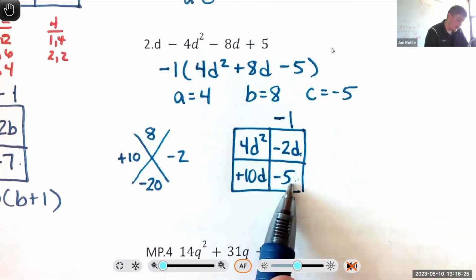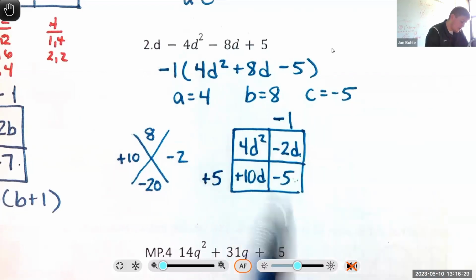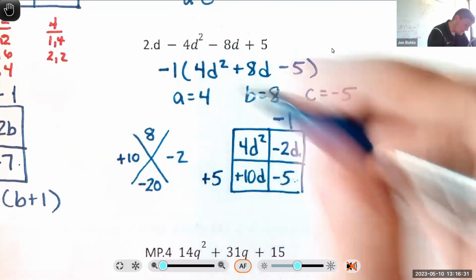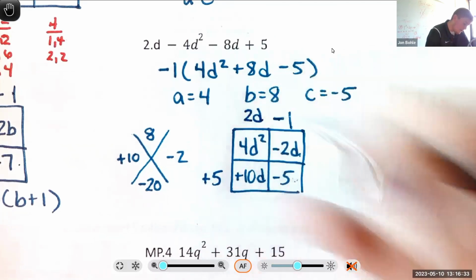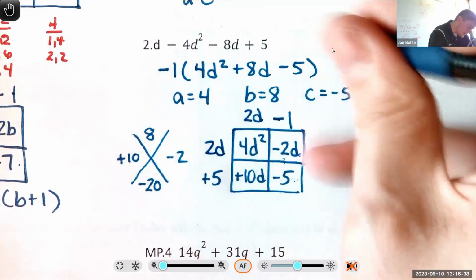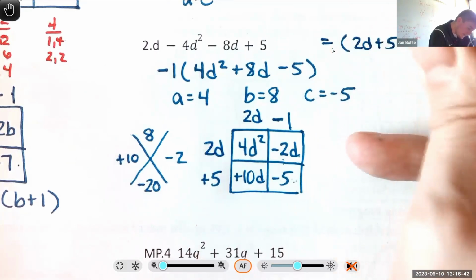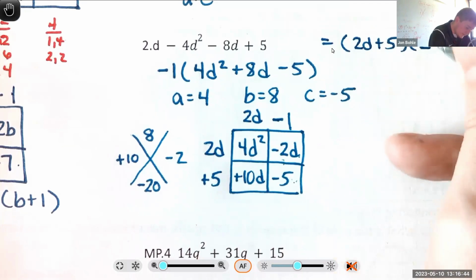Greatest common factor between 5 and 10 would be 5. Greatest common factor here would be 2d, and here would also be 2d. So my answer is going to be 2d plus 5 times 2d minus 1.